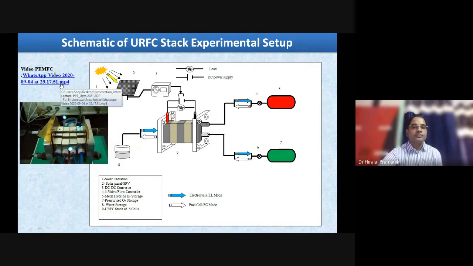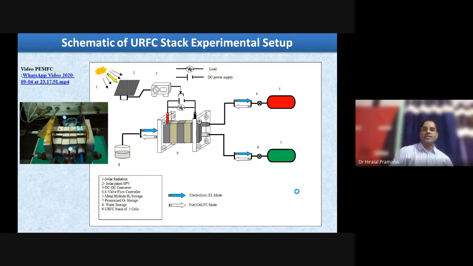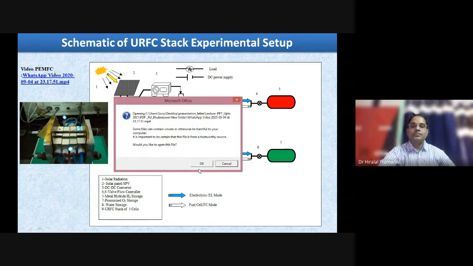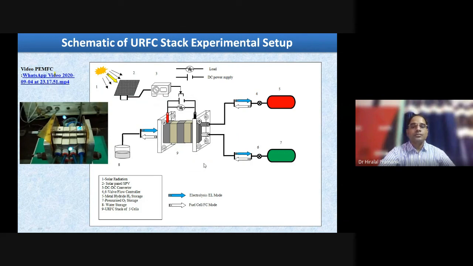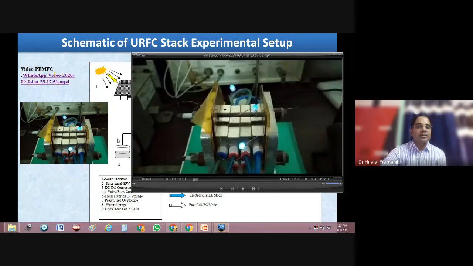I will just show you the fuel cell functioning. You can see this video is not opening, some problem. Okay, it has opened now.